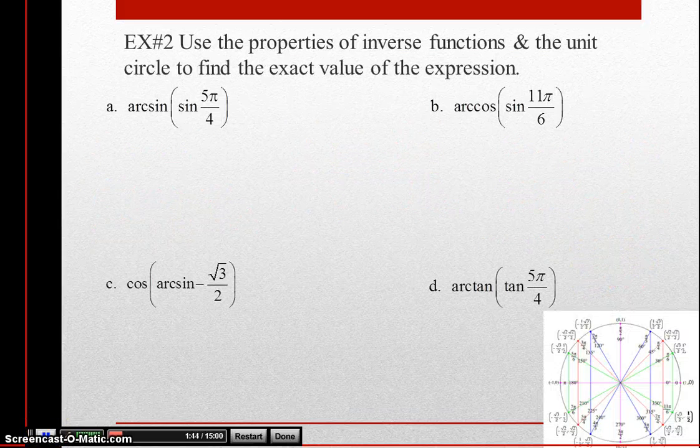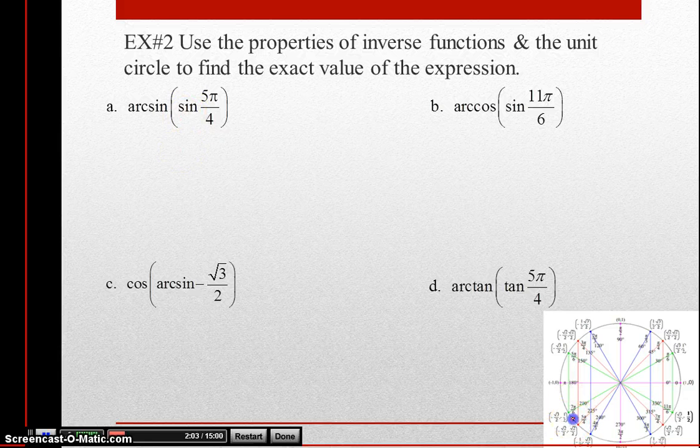For our next example, we want to use the properties of the inverse functions and the unit circle to find the exact value of the expression. So we want to find the arcsine of the sine of 5 pi over 4. The first thing we need to do is find what the sine of 5 pi over 4 is.